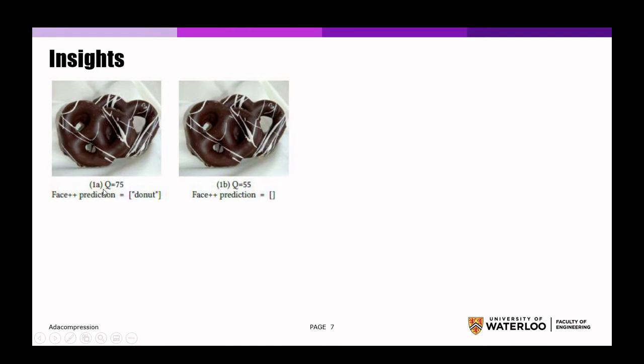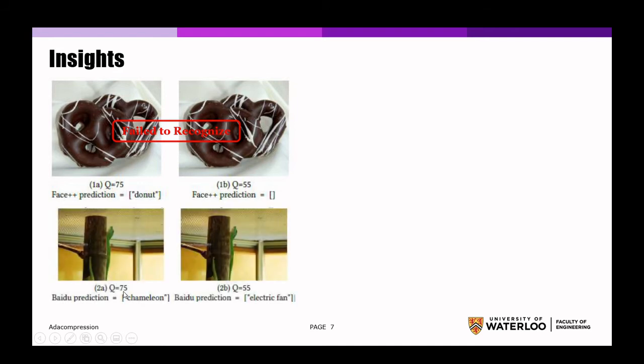The first image is quantized by quality factor 75, and the second image is quantized by quality factor 55. The first image is classified as donut, but the second one was not classified as donut, so it failed to recognize. The second example is quantized by 75 and the same quality factor was applied. The first one passes, but the second one fails to recognize.